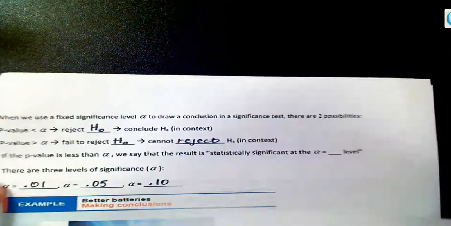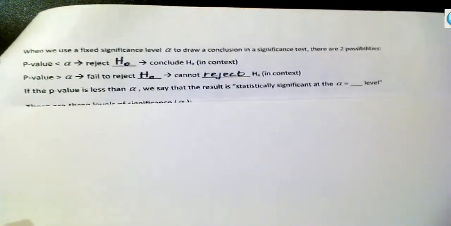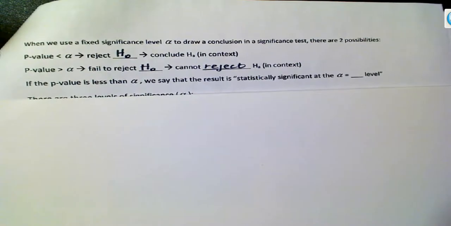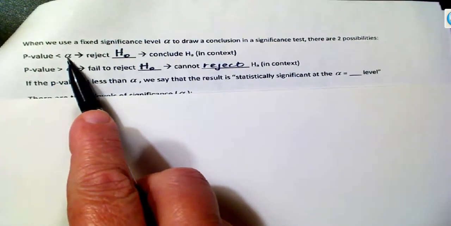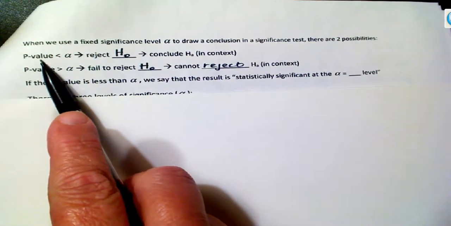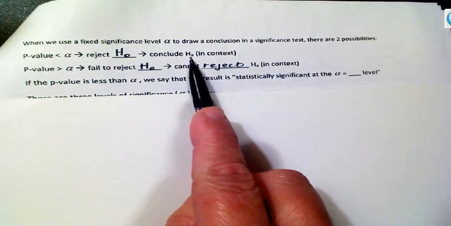Let's practice a couple of these, given a p-value. When we use a fixed significance level alpha to draw a conclusion in a significance test, there are two possibilities. If your p-value is less than alpha, so if your p is low, we reject the H0 and conclude the Ha.